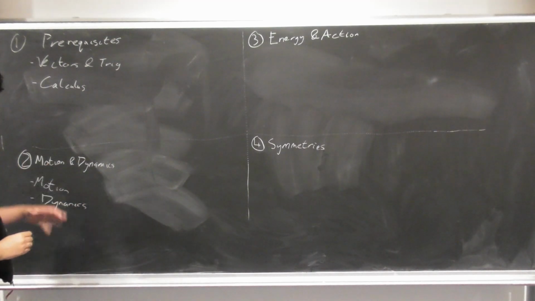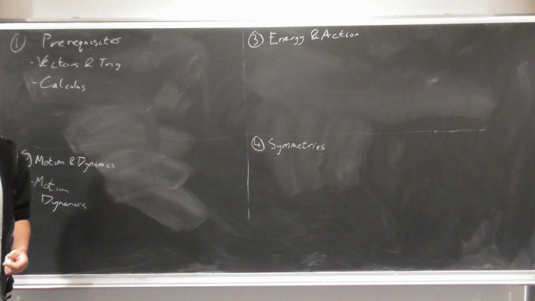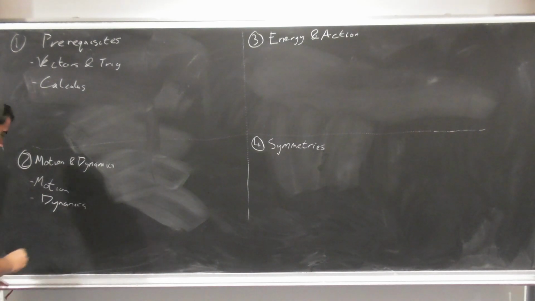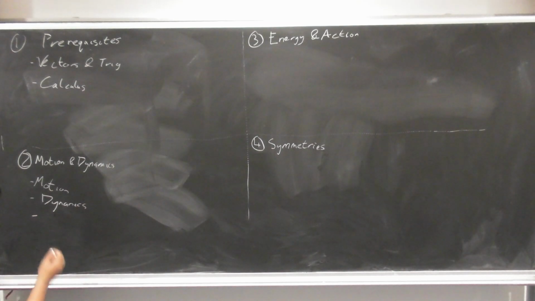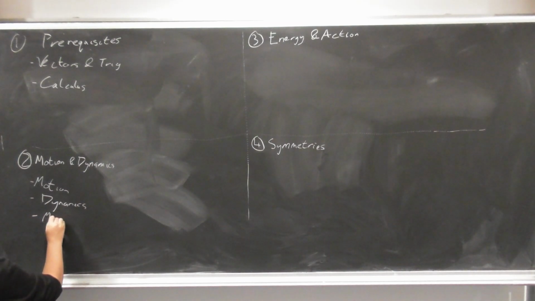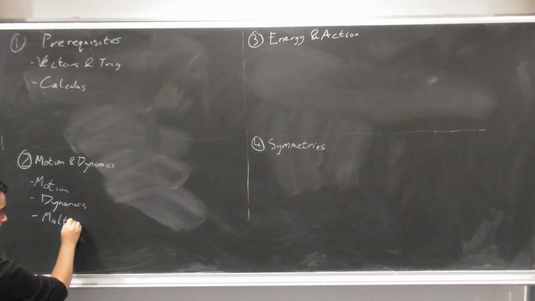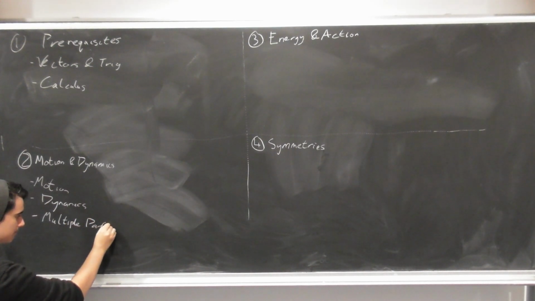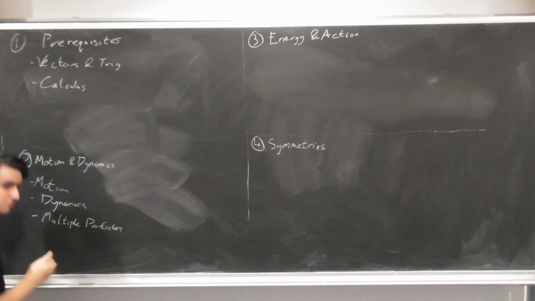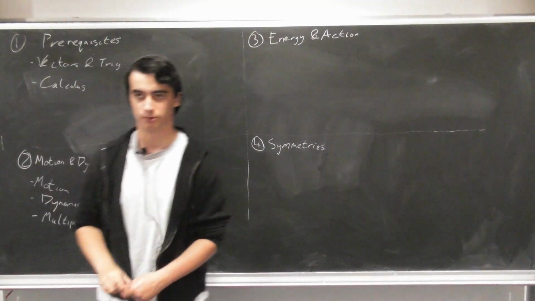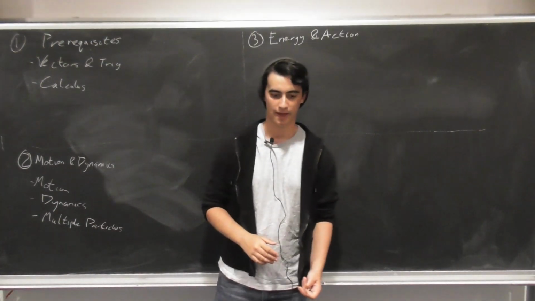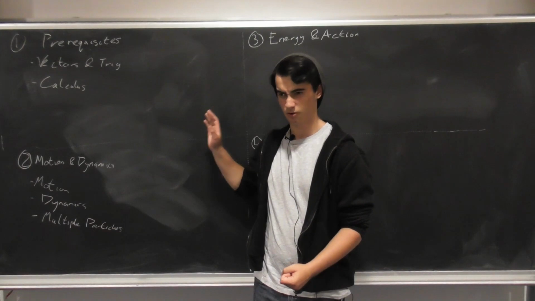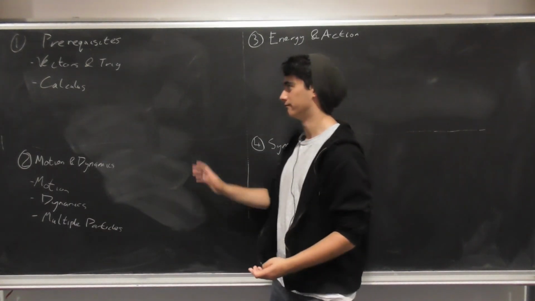But again, these two are very basic, just getting your brain back into the idea of thinking about classical mechanics. The last thing that we'll do in this section is systems of multiple particles. This we wouldn't have done in Leaving Cert, but it's nothing too big to worry about.